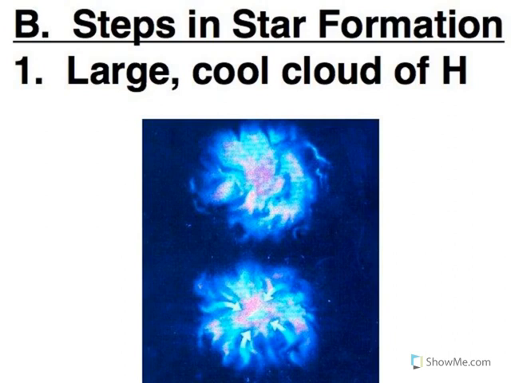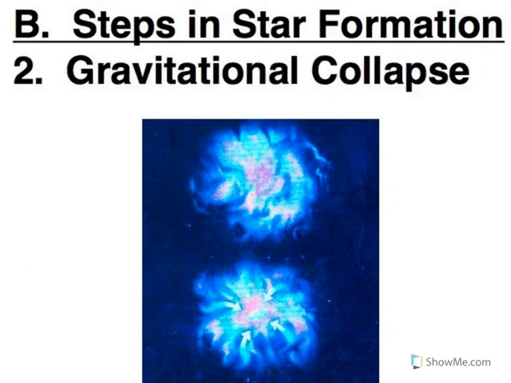So as far as the steps are concerned, that molecular cloud takes care of step one. It's large, it's cool, it's a cloud, and it's hydrogen. So here we've got our large cloud of hydrogen. Nice and cool, so our atoms aren't moving around too fast. And then we're going to have gravitational collapse, and this is what the lower image shows us. So because things are cool, gravity can take over.